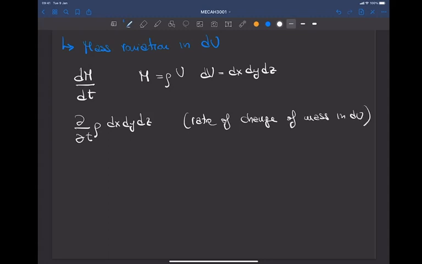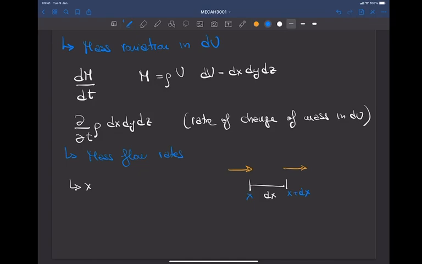Okay, great. So now what we have to do is to have a look at the mass flow rates across the surfaces. To answer the question, let's consider first direction x. We have the dx with the fluxes going through the surfaces which are located at x here, and x plus dx there.